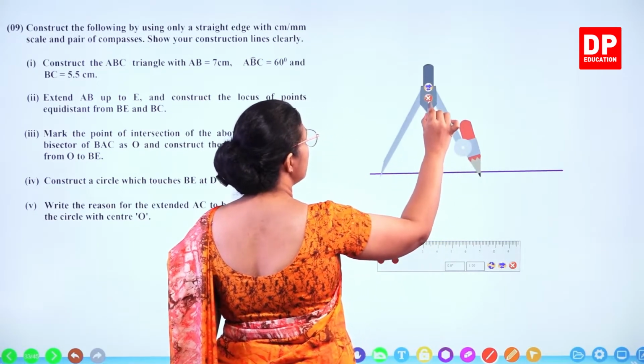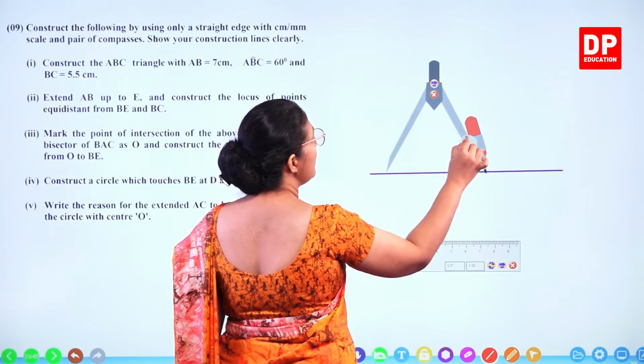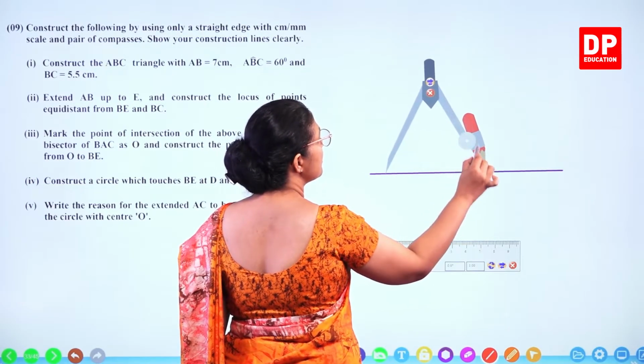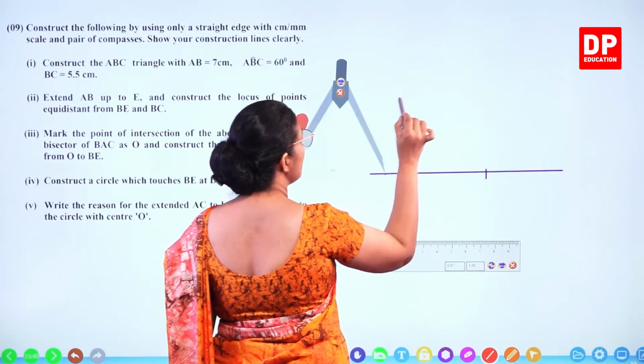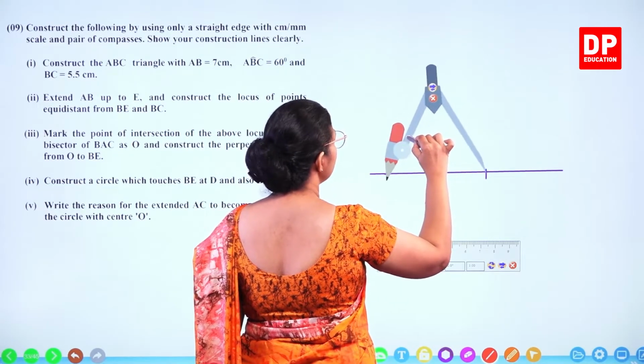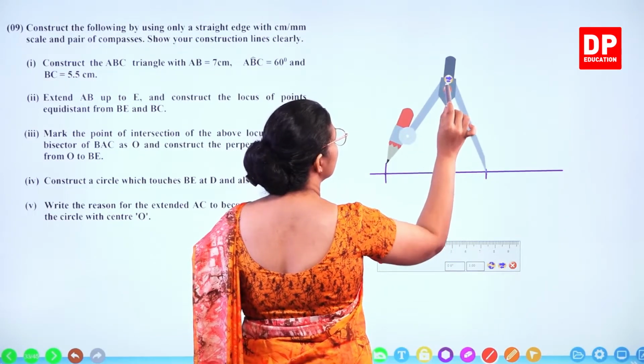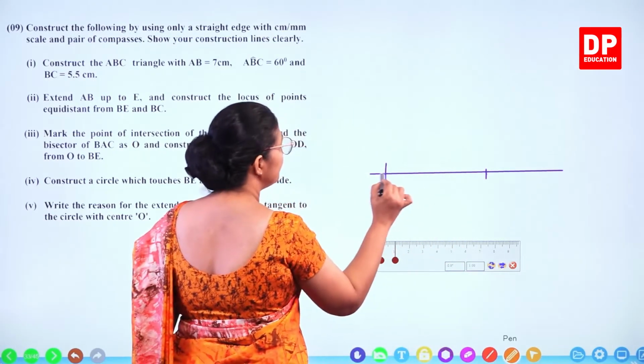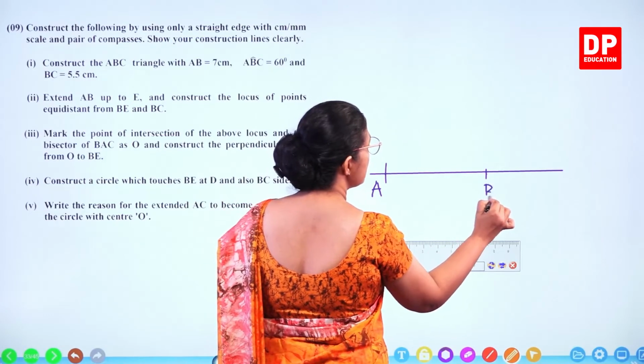And then keep on top of the line and mark the point. And you have to do the same thing for the other point. That's AB, 7 centimeters.